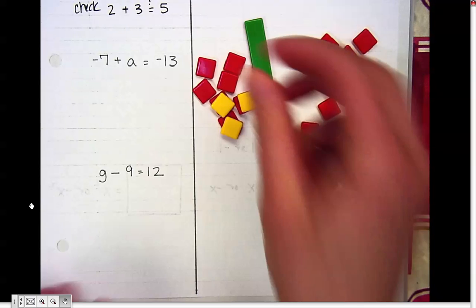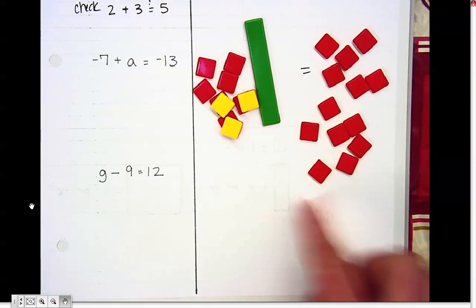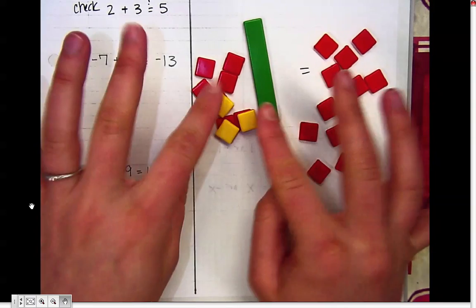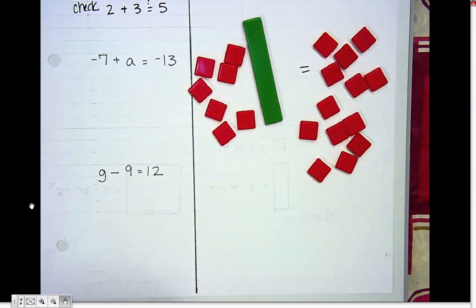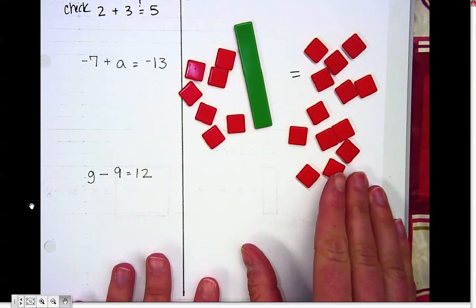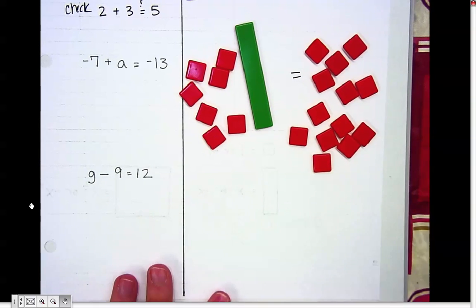So I could make 7 0 pairs on this side, and what I do to one side, I have to do to the other side. And I can make 7 0 pairs on this side as well. I don't think personally I want to use that particular strategy for this problem, but there are some problems where I'm going to have to use the 0 pairs. But since they're all the same color, I'm just going to take them away.